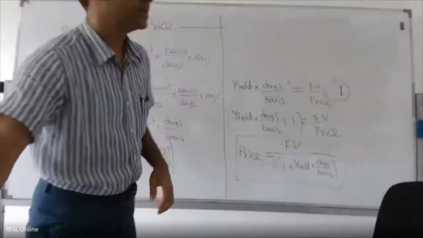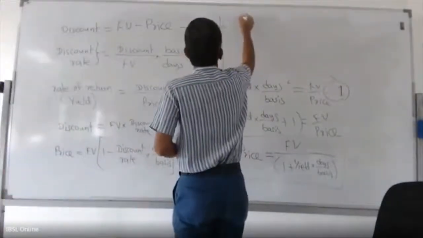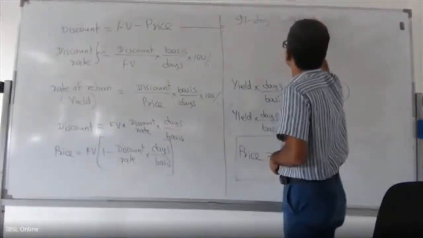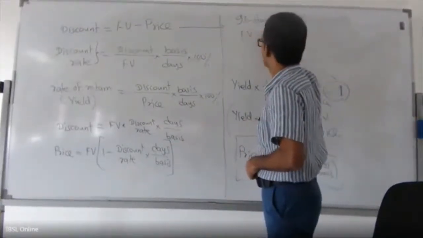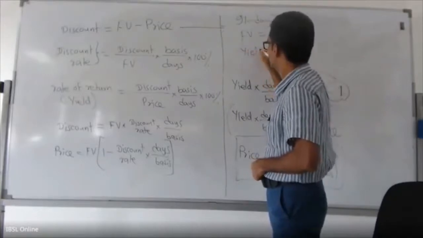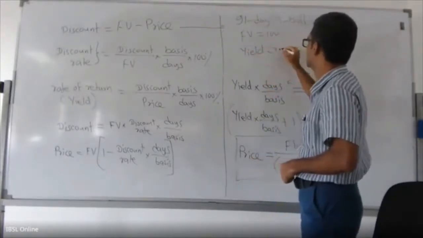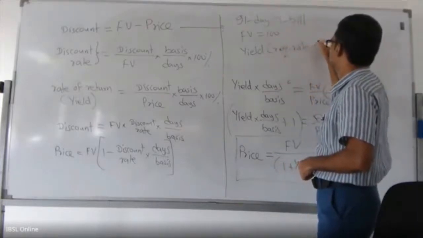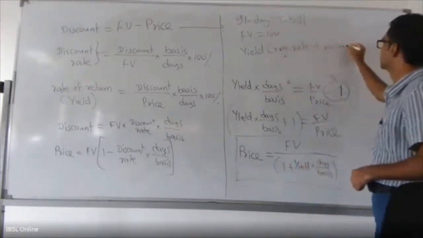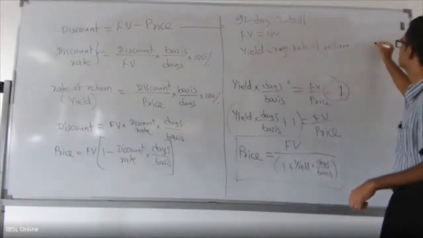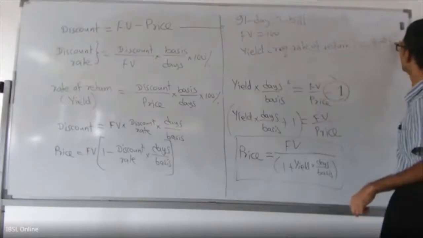Again, take a 91-day treasury bill. Face value 100. Your required rate of return, which is same as yield, is 4.04%.